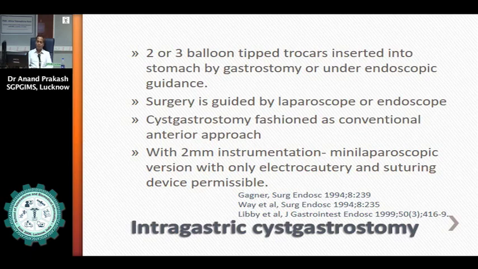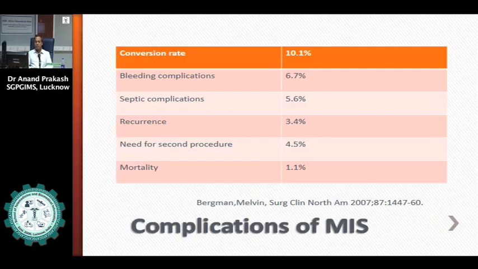But if 2 mm instrumentation is used to fashion the intragastric cystgastrostomy, then it is called the mini laparoscopic version, with only electrocautery and suturing devices permissible, because with 2 mm instruments there is no stapler available and no harmonic shears available. What is available is basically scissors, Maryland forceps, suturing needles and devices, as well as electrocautery like a hook. So the choice of instruments is very limited with 2 mm instruments.